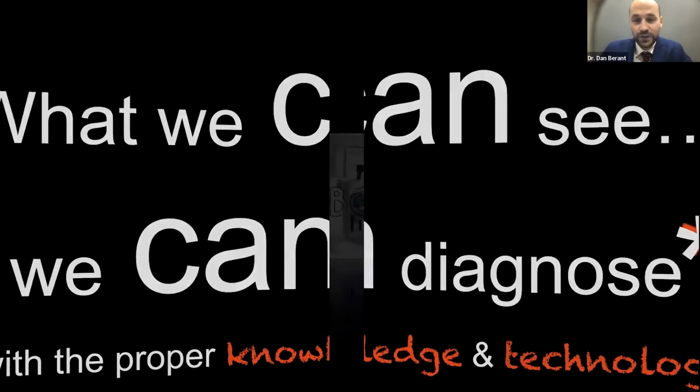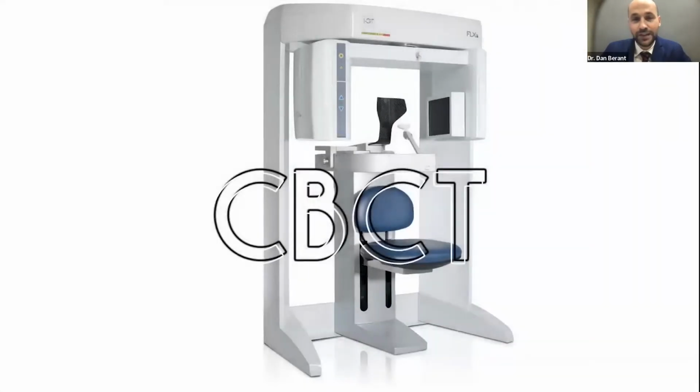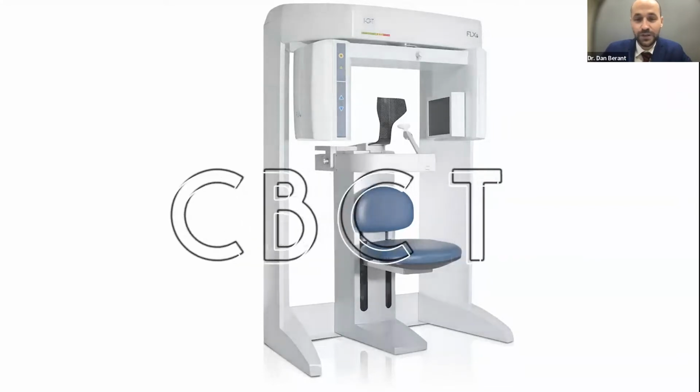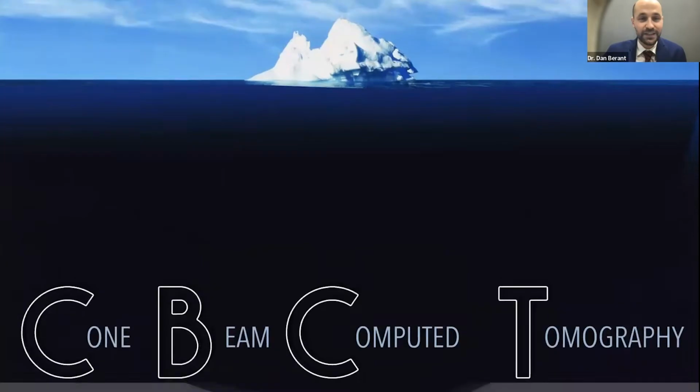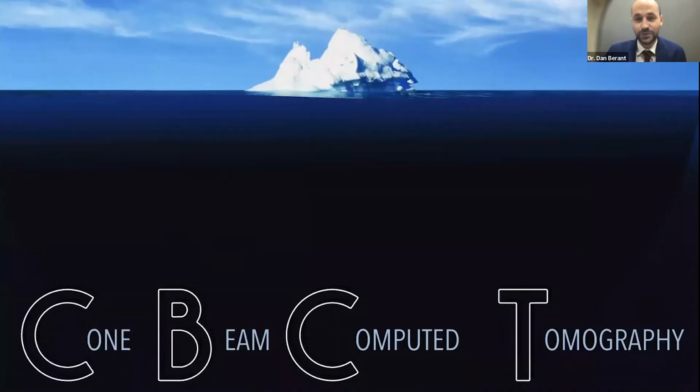And so with that being said, I am excited to speak about CBCT, or cone beam computed tomography, which I think is one of the 10 game changers in the field of dentistry. Now, we've all heard the analogy of a tooth to an iceberg, where we can only see the top of it.